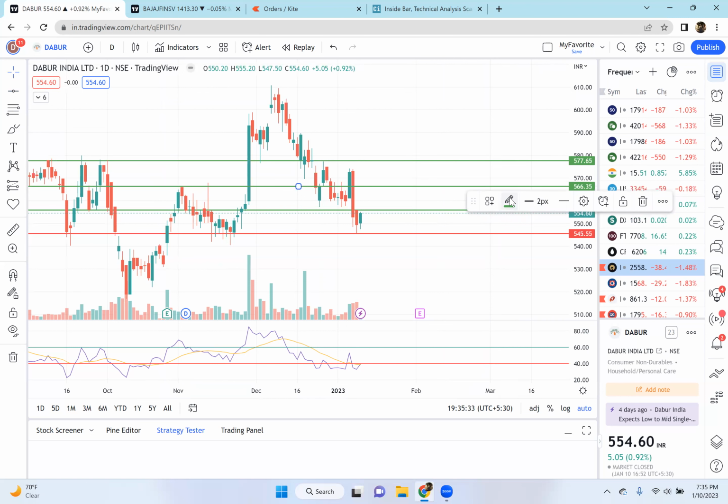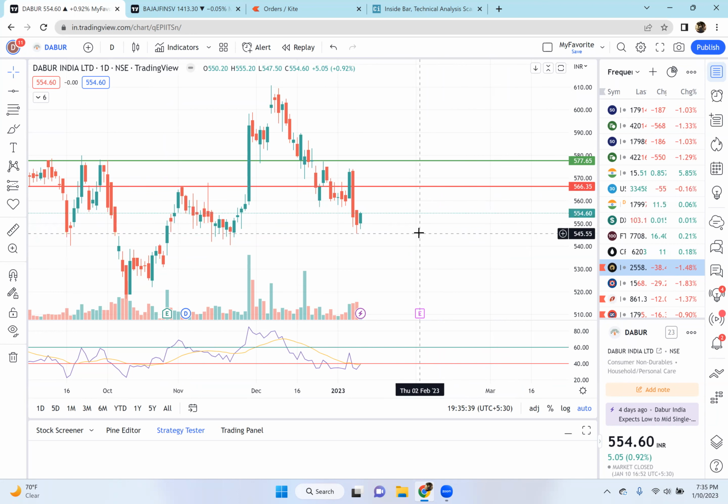Okay, let me remove this. If we would have been trading Dabur, this candle on 29 December closed below the low of the mother candle.